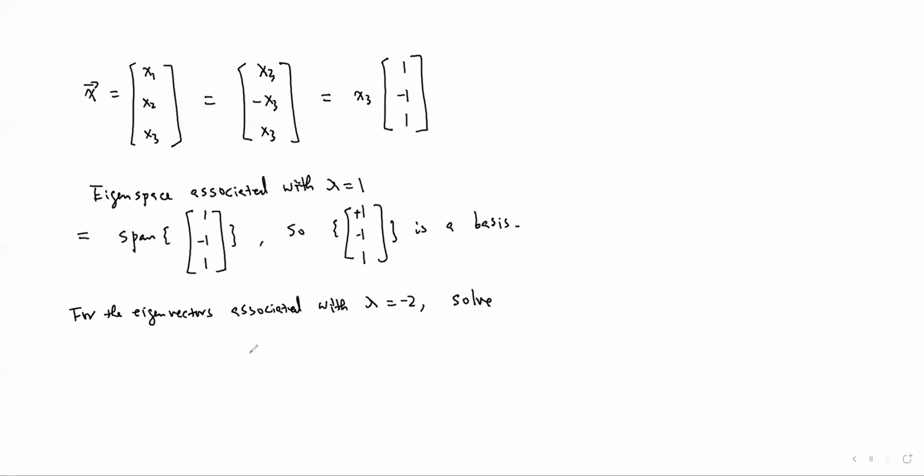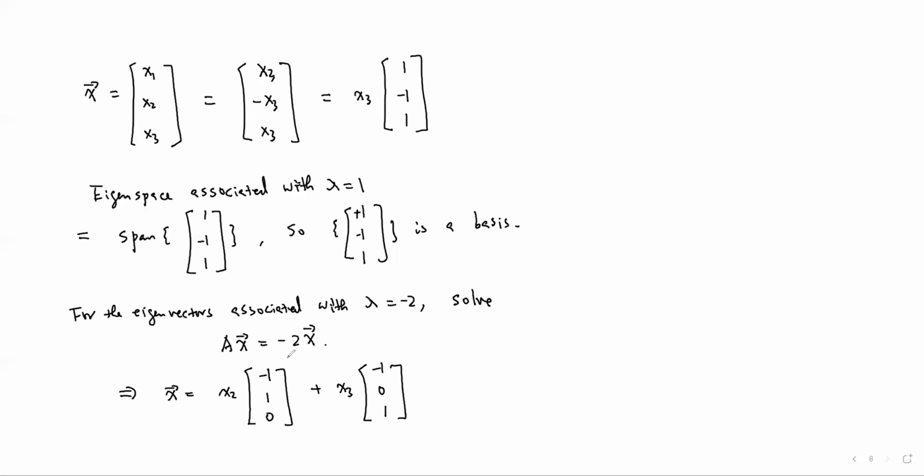This time solve this equation. Similar to the solution above. Let me skip. The solution is x2, the free variable, times negative 1, 1, 0, plus x3 times negative 1, 0, 1.